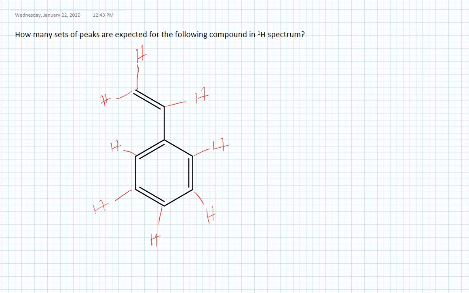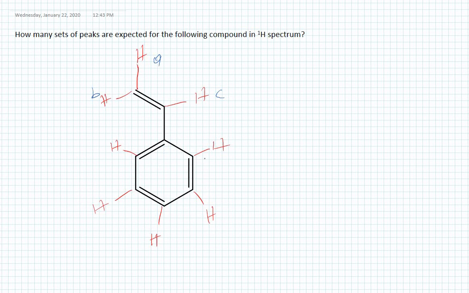For that reason, we can label them A and B. So two different peaks are expected in the NMR spectrum, and the other vinyl hydrogen of course is expected to appear in a different location in the NMR spectrum. So let's say this is C, and let's move to the aromatic ring.